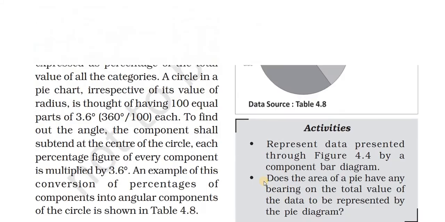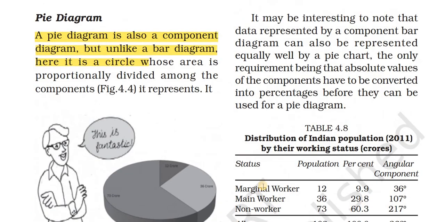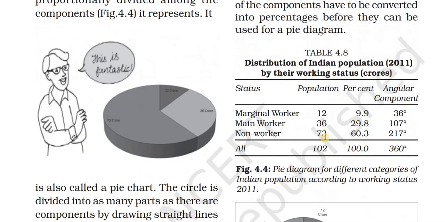Then how can we find out the values of a pie diagram? The first method uses the individual values, like 12, 36, and so on. Each individual value we need to divide by the total value.